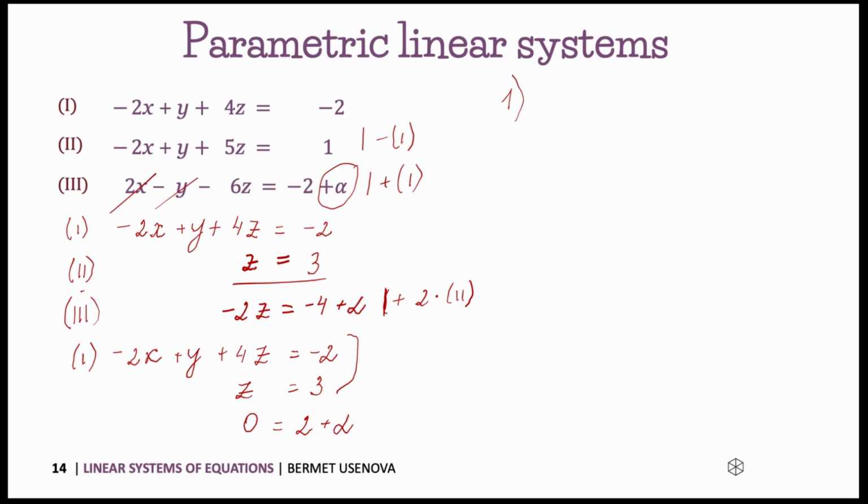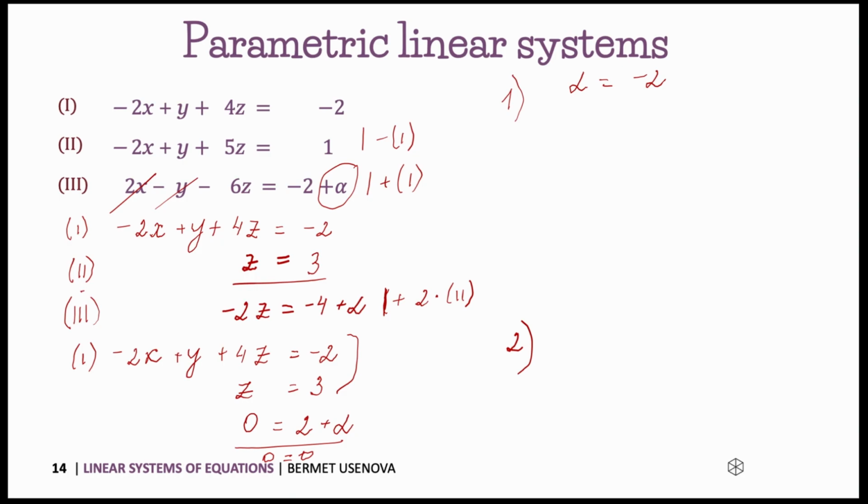So here we will have two situations. So when alpha is equal to minus 2, then we will have no contradiction and 0 equals to 0. And it holds. Then we will have a solution, but the solution will not be unique.